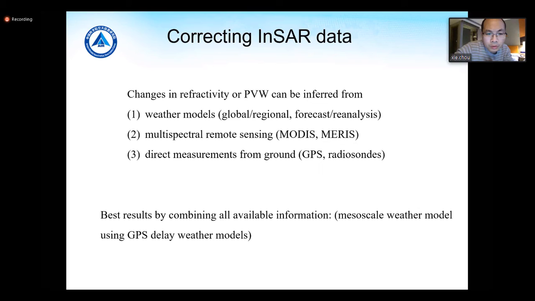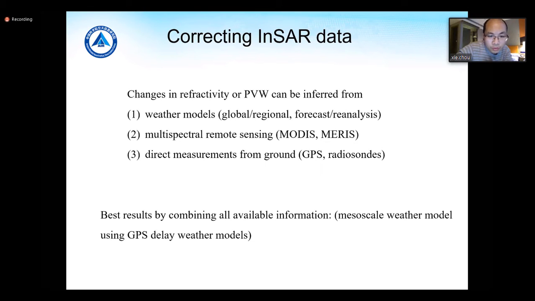We also could use multi-spectral remote sensing, such as MODIS and MERIS, to infer change of the atmospheric screen phase. At the same time, GPS and radar signals could also be used to infer the atmospheric phase.